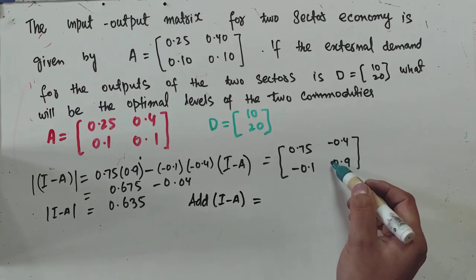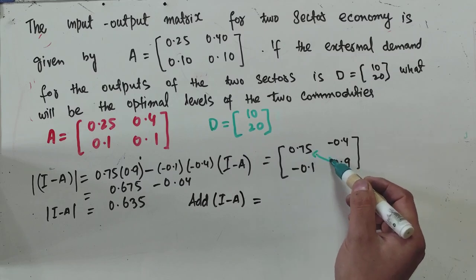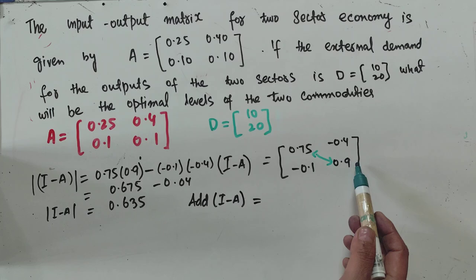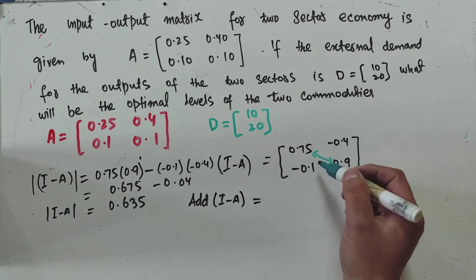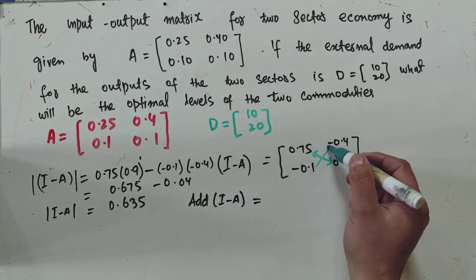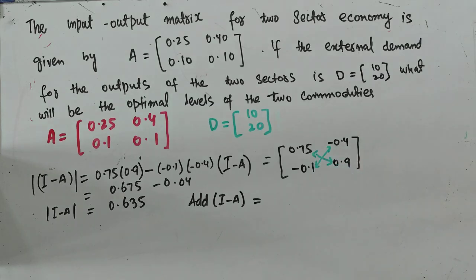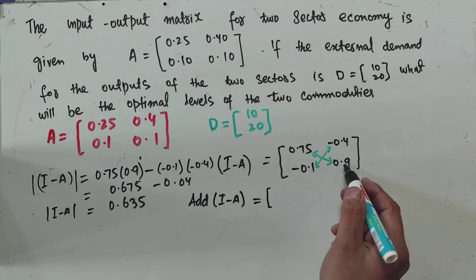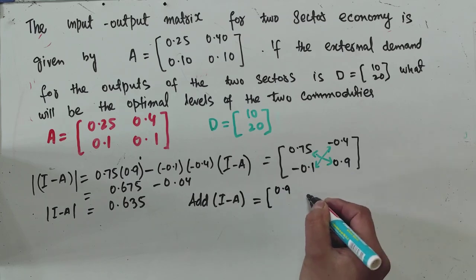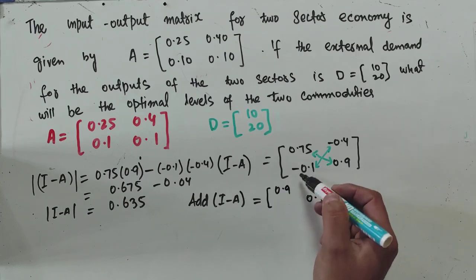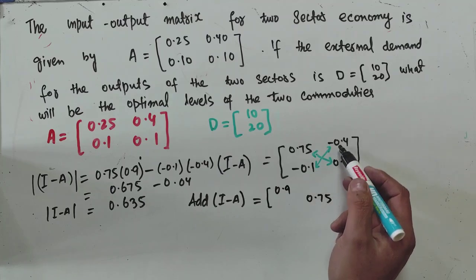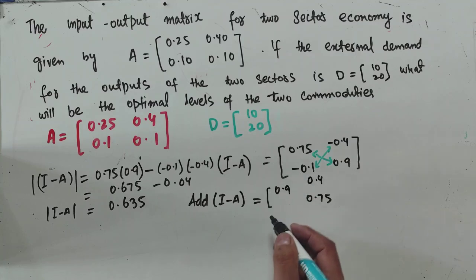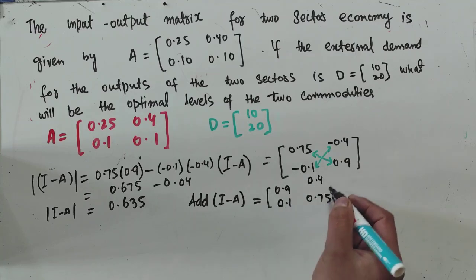We interchange the elements that are on the principal diagonal, and we change the sign of the non-principal diagonal elements. So here, this 0.9 comes here, this 0.75 comes here. In this direction we only change the sign. If it is minus 0.4, it becomes plus 0.4. If it is minus 0.1, it becomes 0.1.